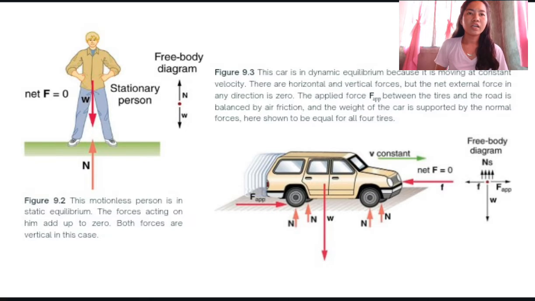Since the car is moving at constant velocity, there are horizontal and vertical forces, but the net external force in any direction is zero. The applied force between the tires and the road is balanced by air friction, and the weight of the car is supported by normal forces, here shown to be equal for all 4 tires.